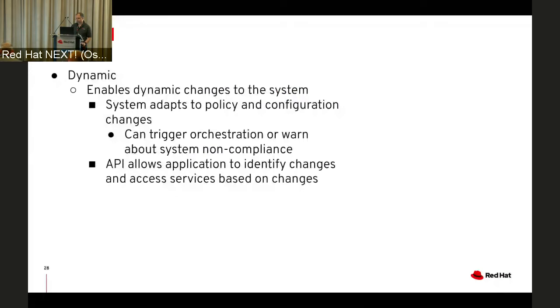It is designed to be dynamic so that if there are changes, it can adapt to them. So it can adapt to policy, configuration and setting changes. For example, an organization can decide that from now on it's going to use Azure instead of AWS.